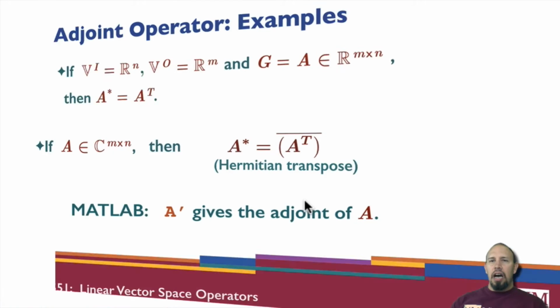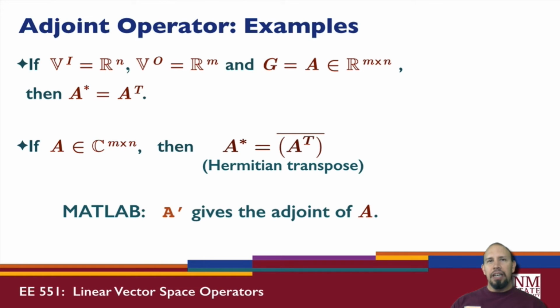I'm going to give you some examples in the practice problems, but just to give you a taste of what's going on here, we'll consider the adjoint operator of a real matrix. Here G is an m by n matrix. Our input space is R^n, our output space is R^m. We can go through and show that the adjoint operator is actually A transpose.